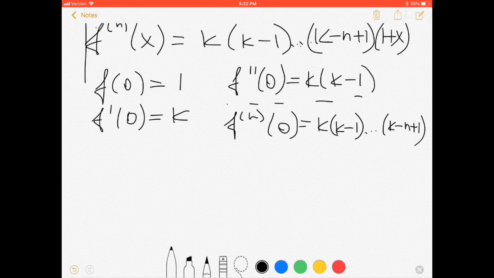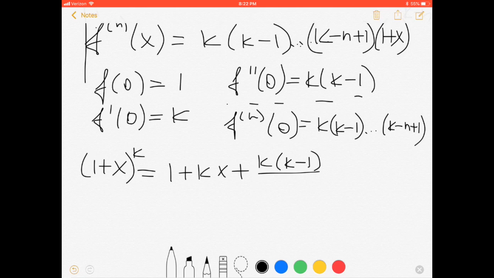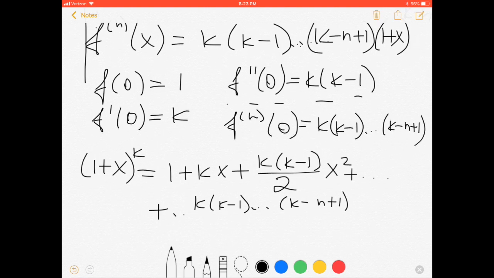we build our Maclaurin series. For our function 1 plus x to the power k, it will be 1 plus kx plus k times (k minus 1) over 2 x squared plus, and the terms will be k times (k minus 1) through (k minus n plus 1) over n factorial, and here we have x to the power n.